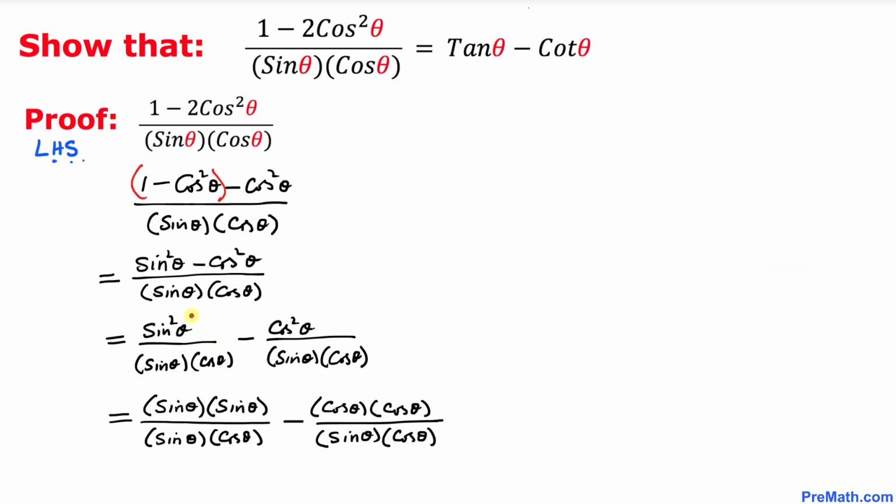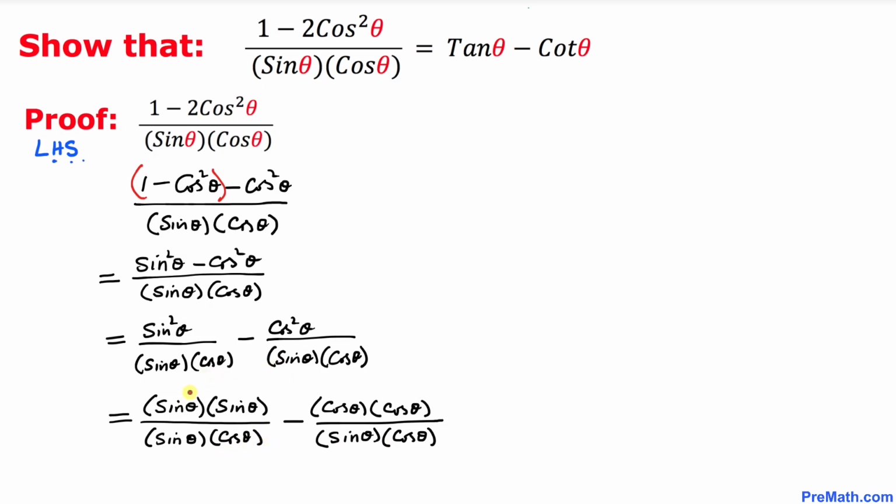In this next step, in the numerator, this sine square theta could be written as sine theta times sine theta, and likewise cosine square theta could be written as cosine theta times cosine theta, and the denominators are the same.